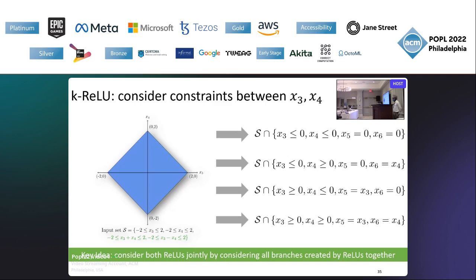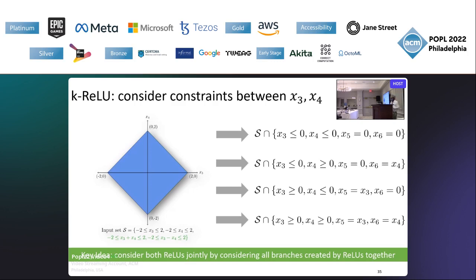In this case, 2 ReLU approximations for the neurons X5 and X6 together. The 2 ReLUs will induce 4 paths. In the first path, X3 and X4 are negative, and X5 and X6 are 0. So we take this input set S and intersect it with the constraints generated by the first path, where these are negative.